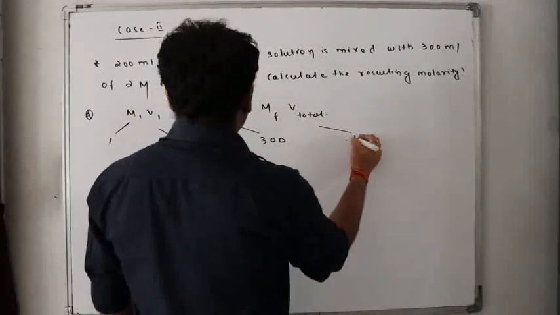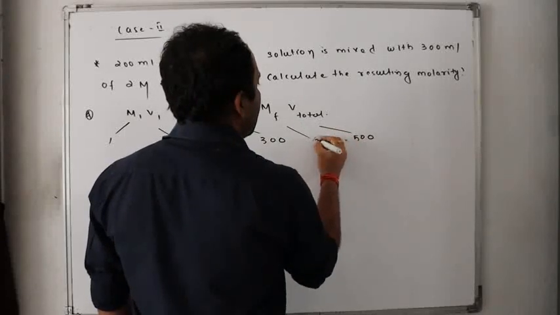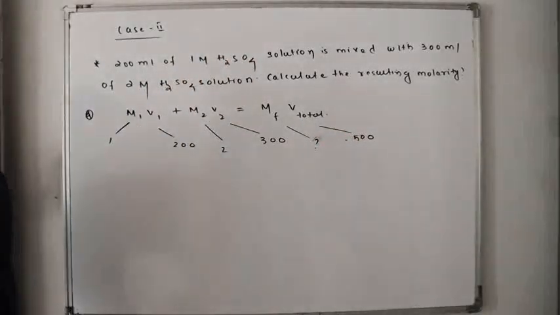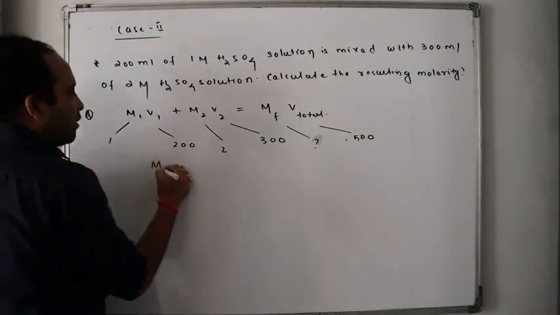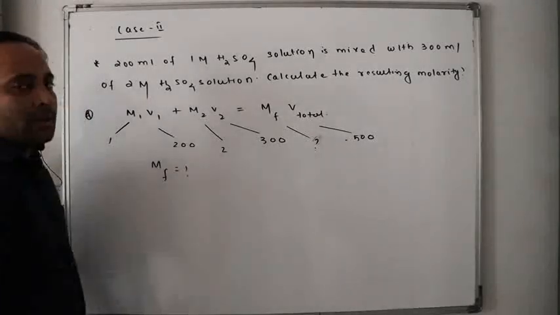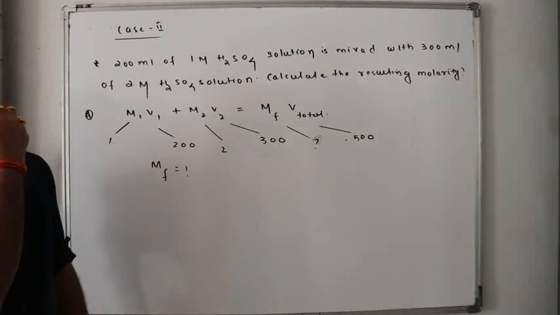So V total is how much? 500. This is to be found out, isn't it? Say yes or no. If I give you these details, can you find out this concept? Now, can you? Please do it for me. Easy. Clear?